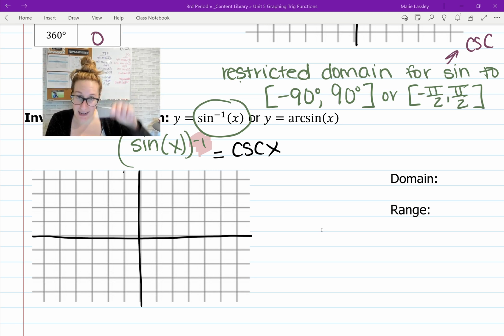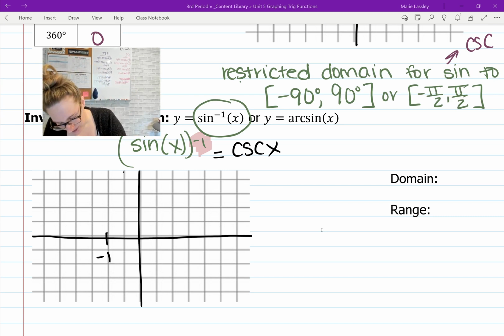And our y-axis is now the degrees of our function. So we have 90, 180, 270, 360. Same thing down here, 90, 180, 270, 360. Now I'm just going to draw my dots and do my sideways S.